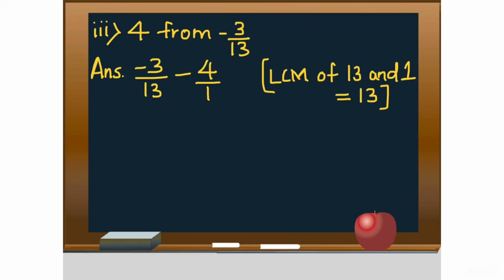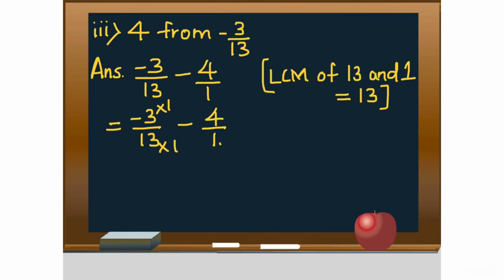Now this expression is equal to minus 3 by 13 minus 4 by 1. Since we have 13 in the denominator, we will multiply it by 1 and the same 1 we will multiply even with the numerator, and here we have 1 in the denominator. To make it 13, we will multiply with 13.